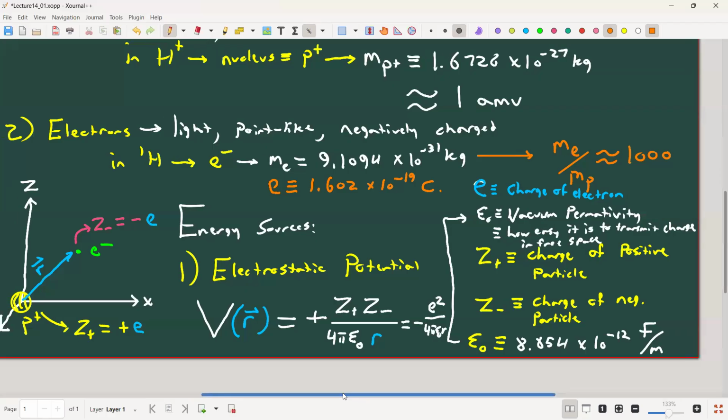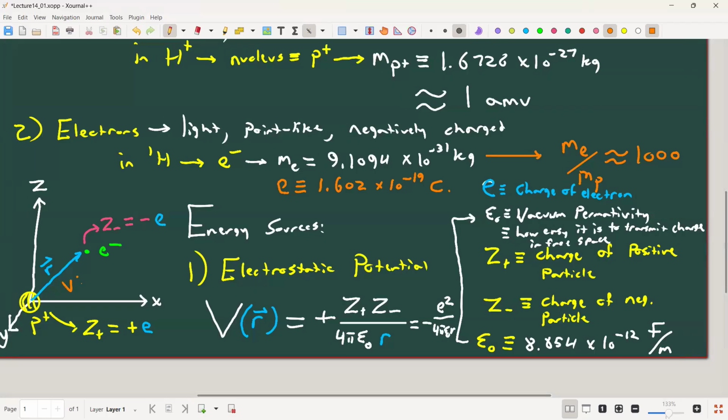All right, so the potential of this interaction looks like minus 1 over r. So it's an attractive potential, as it should be. Positives and negatives attract. Okay, so that means that the electron at any distance r feels an attractive force pointed towards the proton.